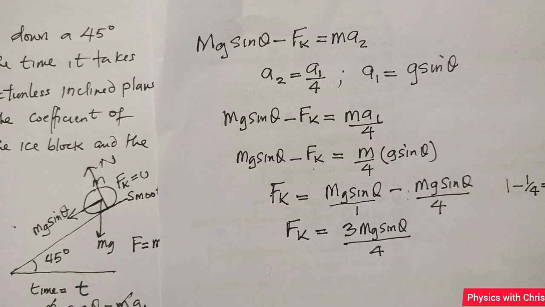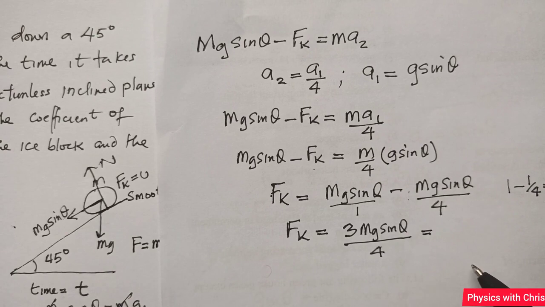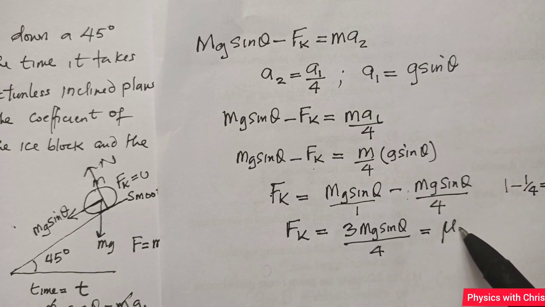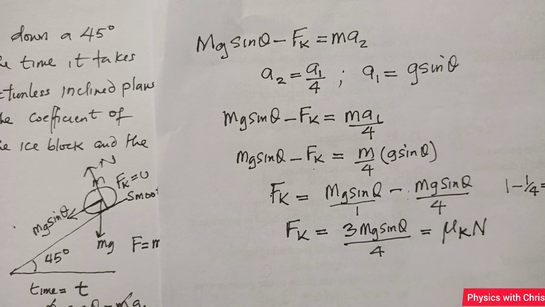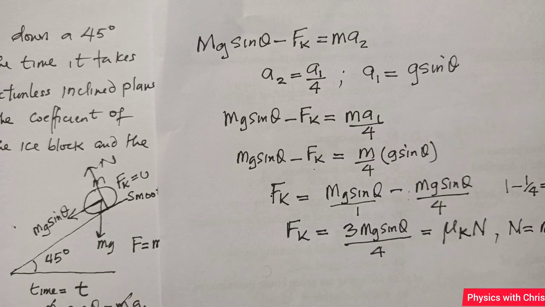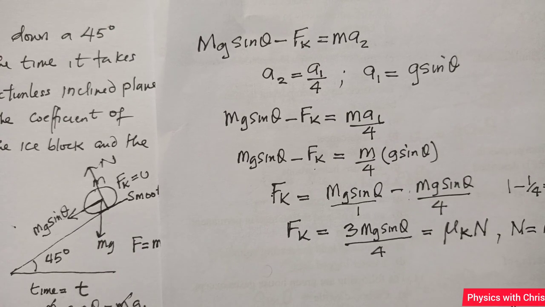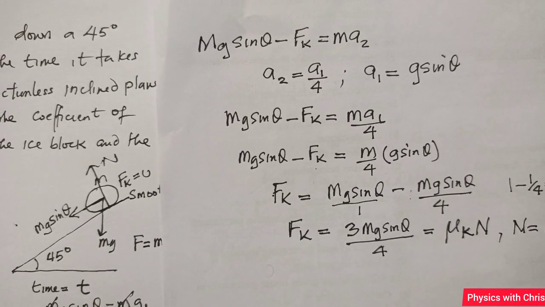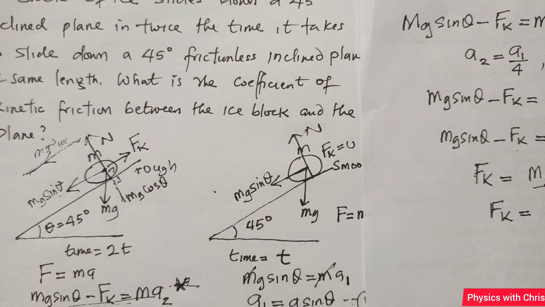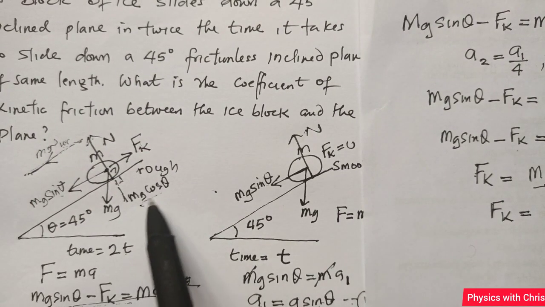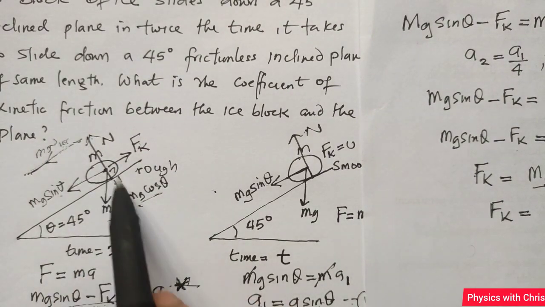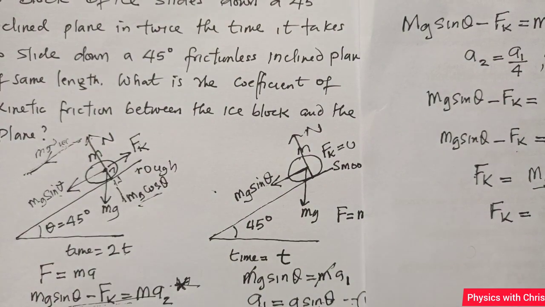And Fk, from the law of frictional force, is mu k, the coefficient of kinetic friction, multiplied by the normal reaction. And my normal reaction is mg cos theta. Of course, you know that from my inclined plane, the normal reaction here is balanced by mg cos theta, because there's no motion in this direction along the y-axis.